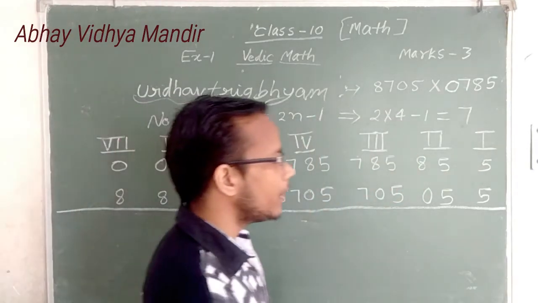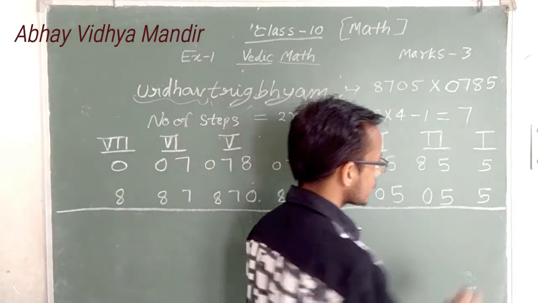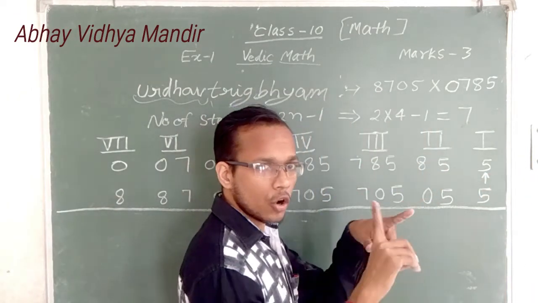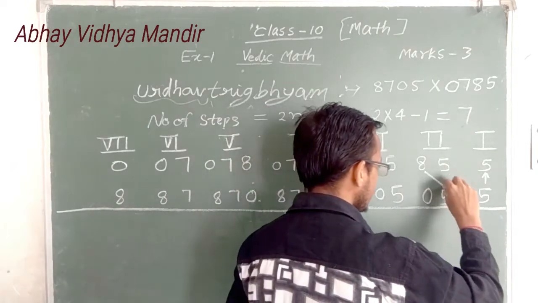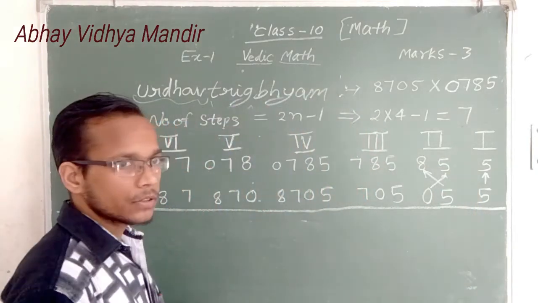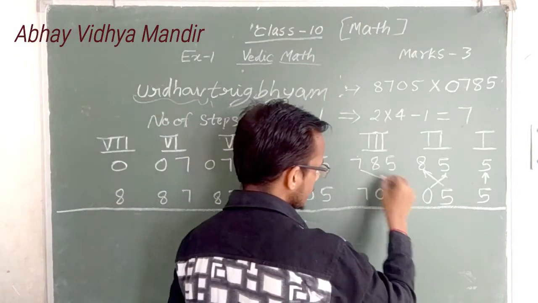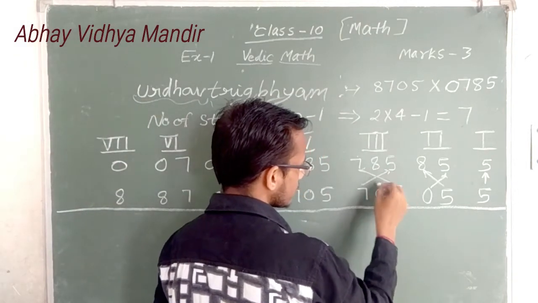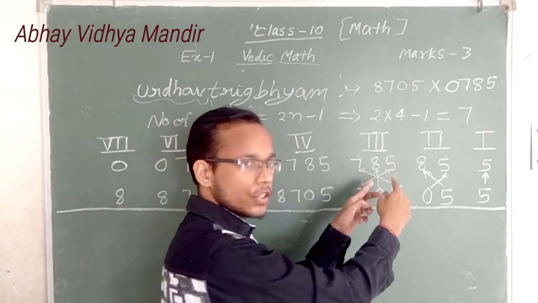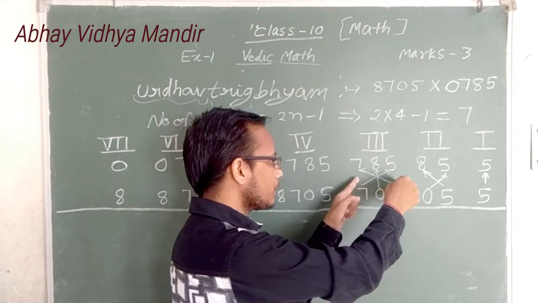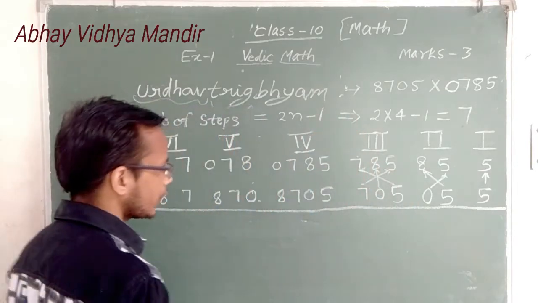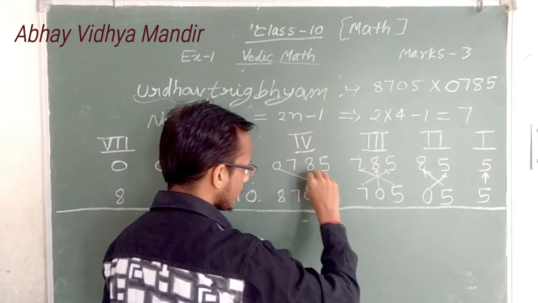Now multiply vertically. If we have two digits, it means cross. If there are three digits, then the first and last are vertical, and the middle one also comes in the cross. If there are four digits, then first and last.